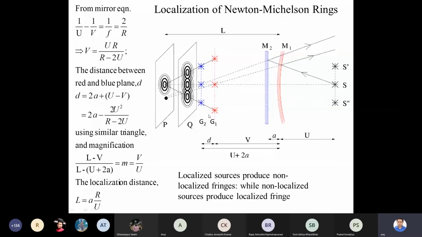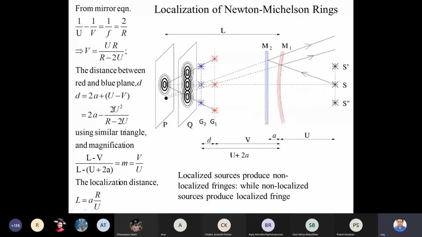This will give you the image from the red one, the curved one, and then the blue one from this. So this gives you the image of the extended source here. Now this is the distance between these two extended sources.